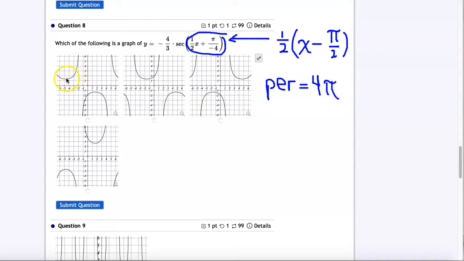Now, if we're looking at each of these, we want to note that each of these have integers on their axis. So to find a period of 4π, we need to figure out the approximation of that. We're looking for a period of about 12.57. From this point here to this point here, we are dealing with a distance of only about 7-ish.